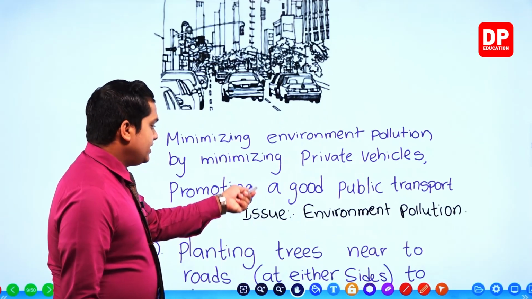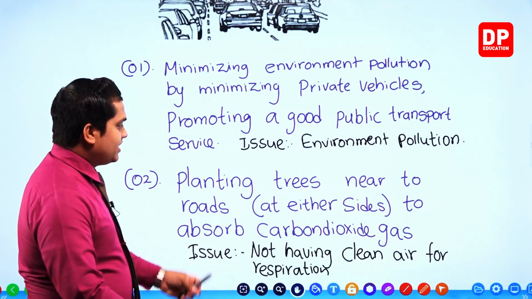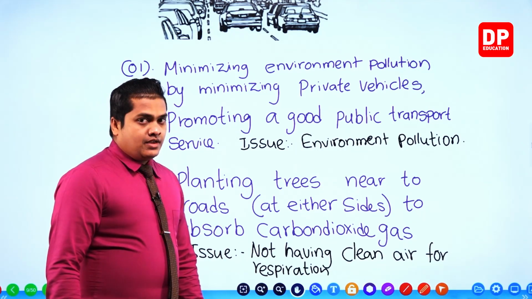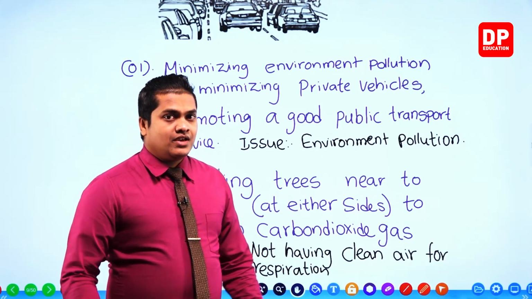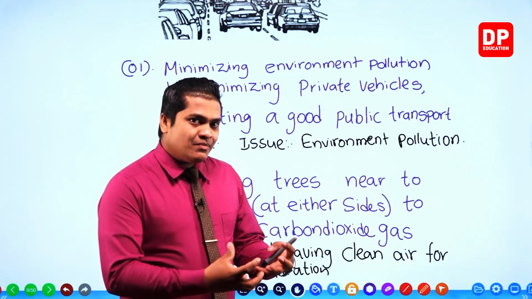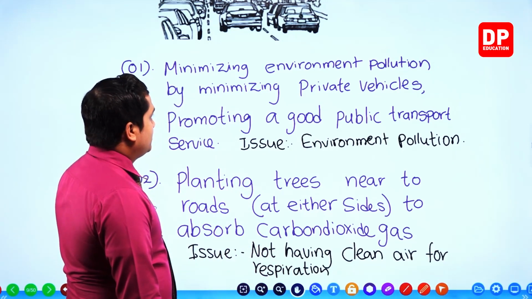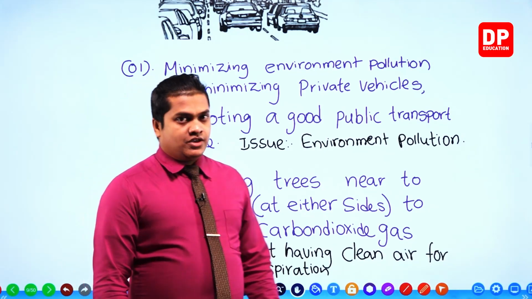Then my dear children, the other thing, planting trees near roads at the side of the roads to absorb carbon dioxide gas. In that way, the issue of not having clean air for respiration can be minimized up to a certain level. Okay, so these are the answers for the questions given in your textbook, my dear children.